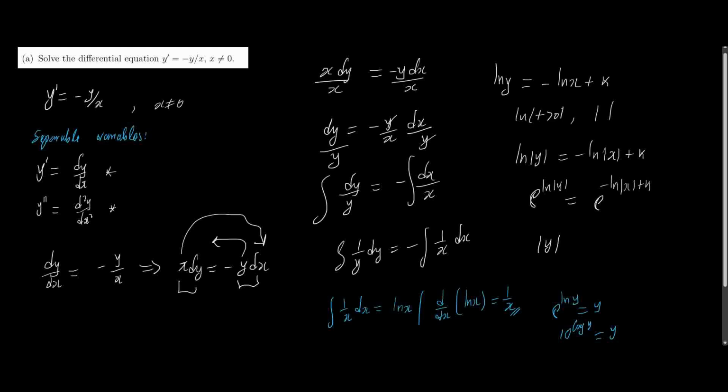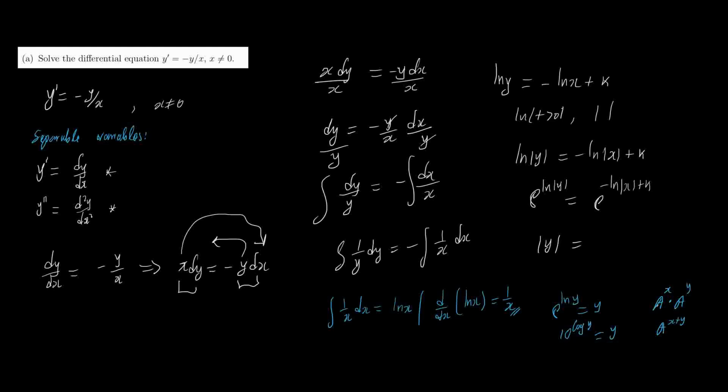Here we apply the law of indices, which says that if you multiply two indices of the same base, we simply add the powers. So this is the same as a to the x plus y. It's similar here, the only difference is that our base is the exponent and our power is ln of x plus k.